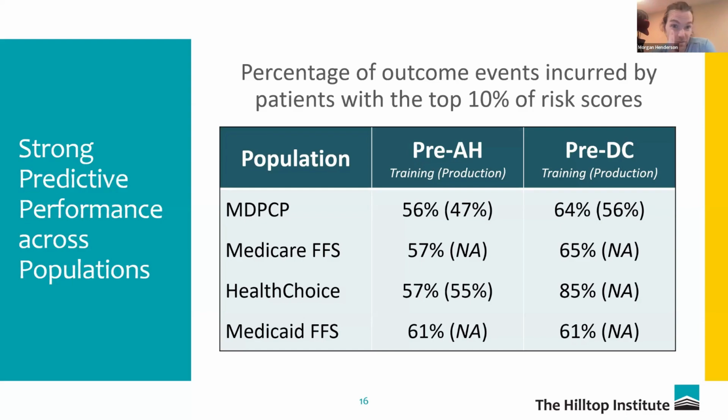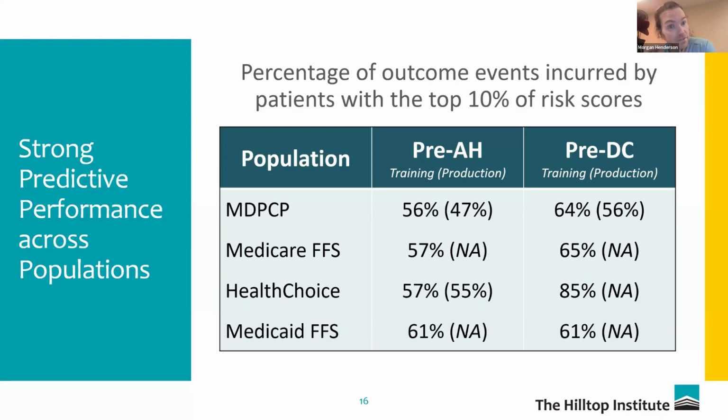If we focus in on the top 10% riskiest folks for the pre-AH tool for the MD-PCP population, let's say, it's about half of the actual events that occur for everyone that are focused in this top 10%. And we see that it's about that for all the other populations.